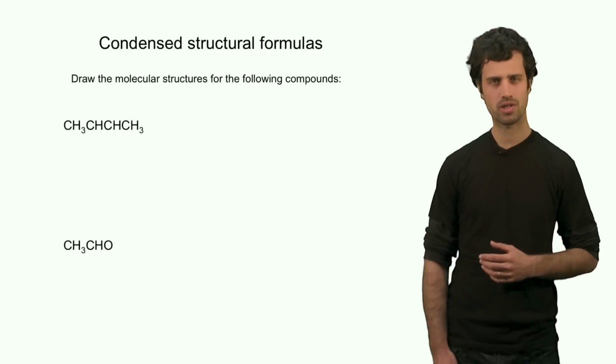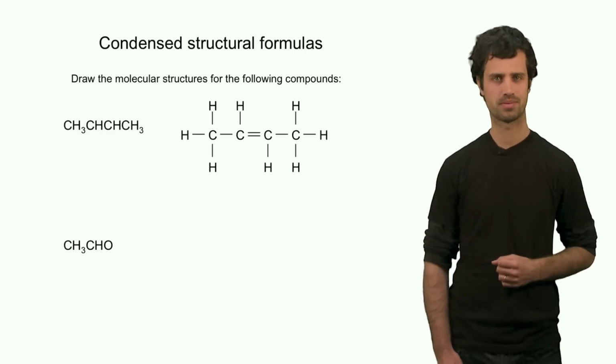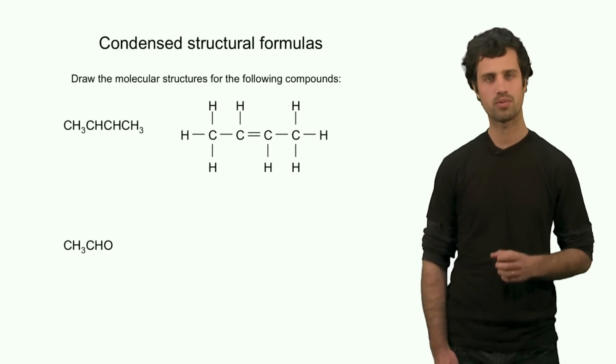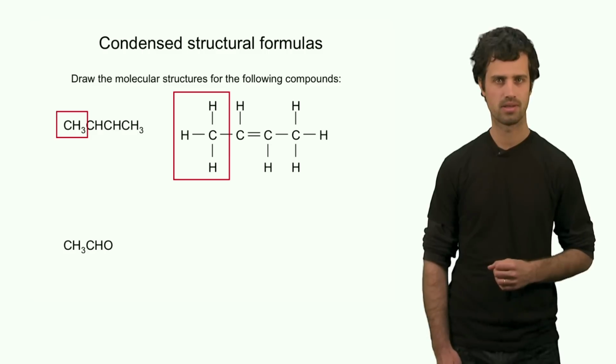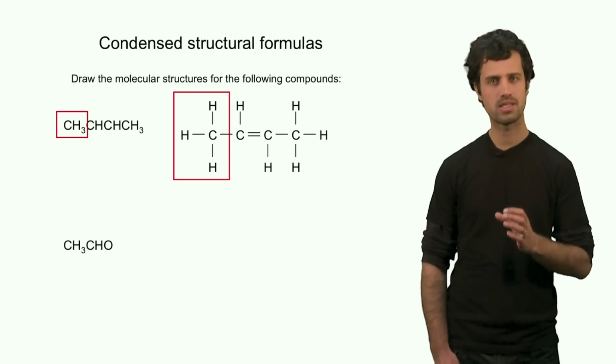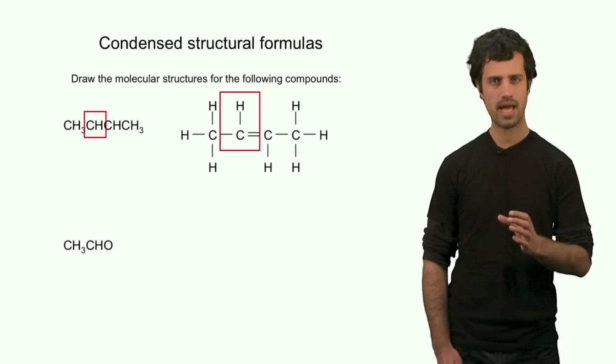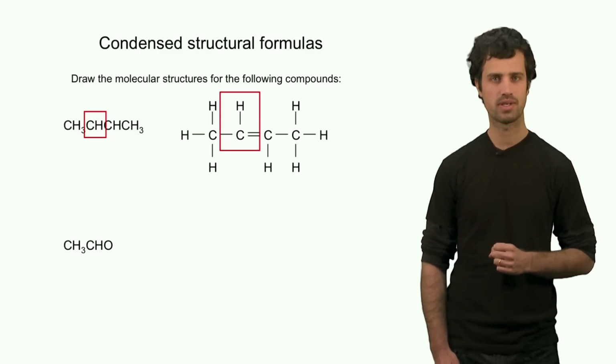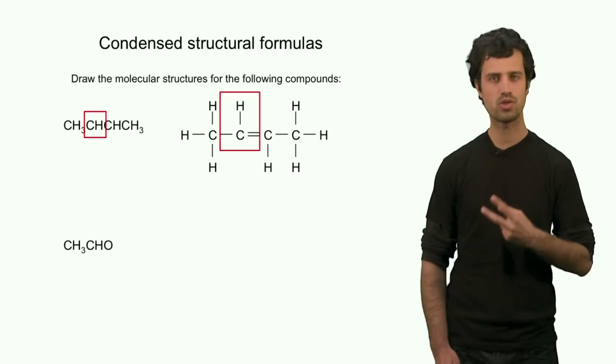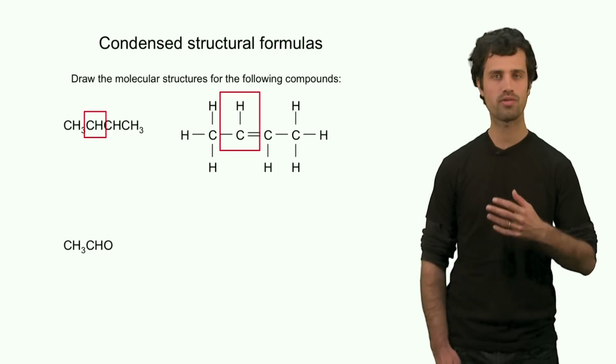Let's try to draw the following condensed structural formulas. The first structural formula is drawn as follows. All the way to the left, we see a CH3 unit, followed by a CH unit. The CH unit has 3 neighbors. It has 1 hydrogen neighbor and 2 carbon neighbors, a total of 3 bonds.